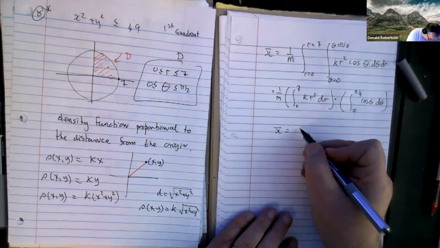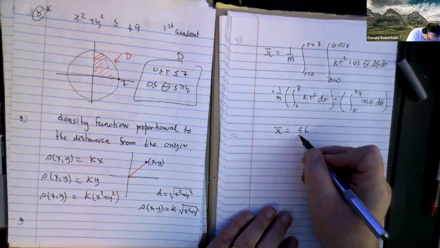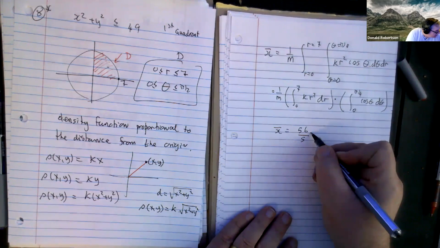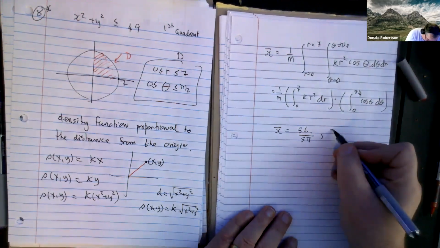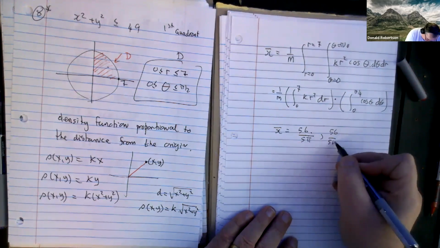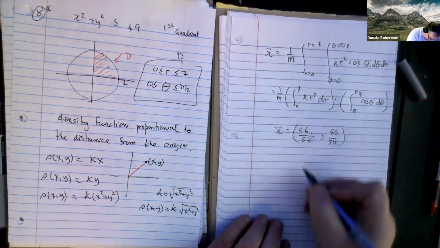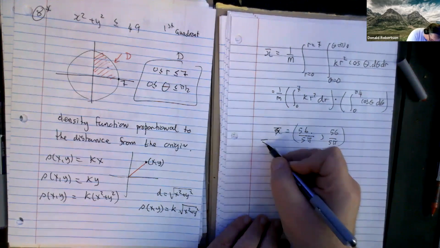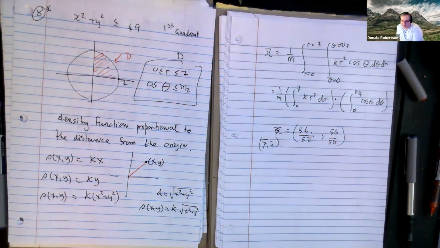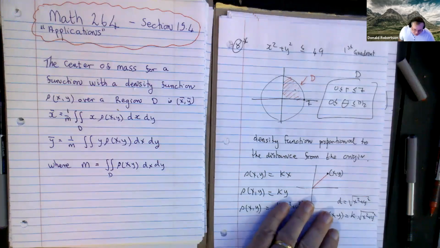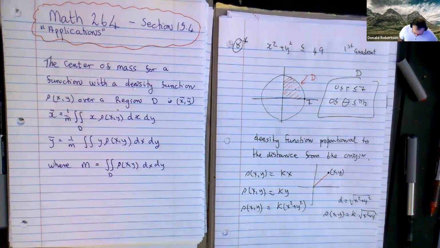And according to WebAssign, something really interesting happens. The x bar ends up being 56 over 5 pi, comma, 56 over 5 pi. So that's x bar, y bar. And what's interesting to me is they're the same. If I go back to my picture, how could I make that prediction before I did it?